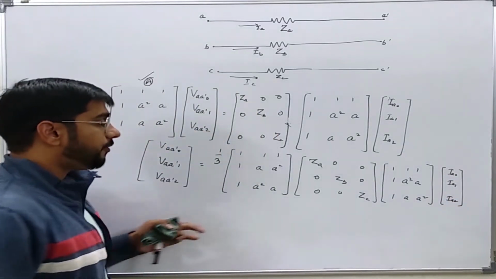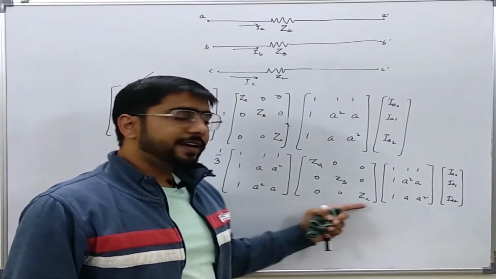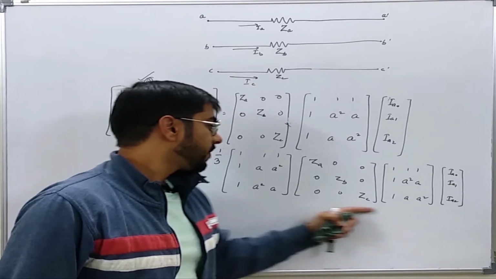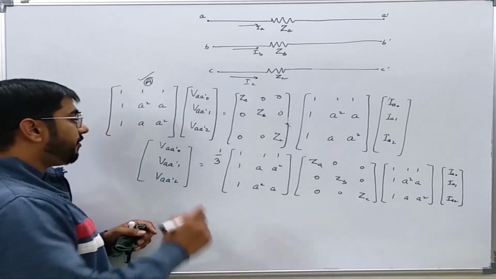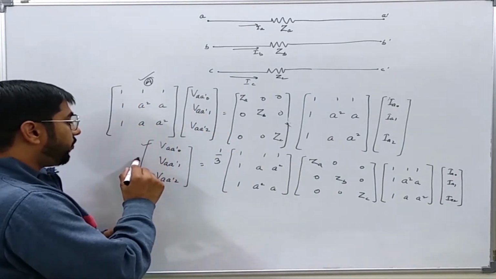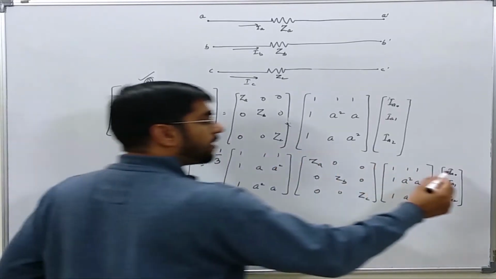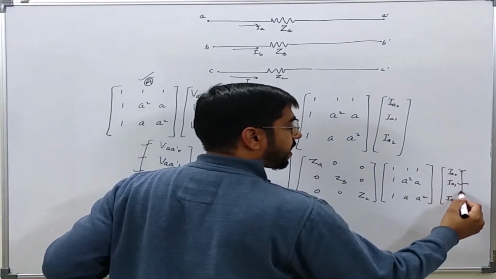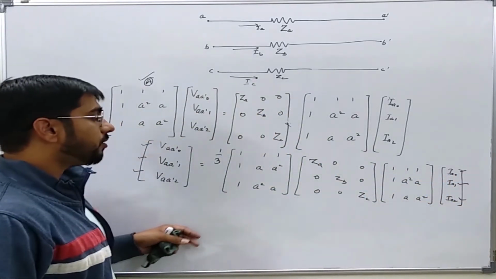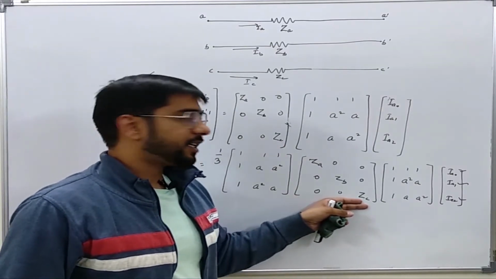Now if we do this matrix multiplication, then we will get the relation between the various sequence components of voltage drops and the sequence components of the line current. Okay, so I will do the multiplication here.